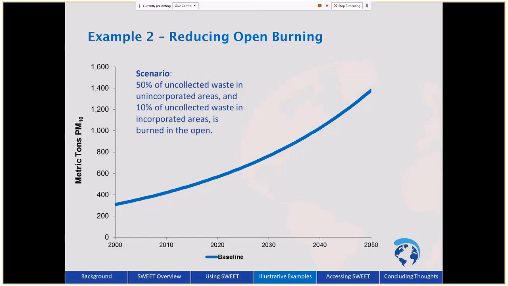That's the baseline scenario, and so you can see that in this case, in the year 2050, we're getting approximately 1,400 metric tons of PM10 emissions for that year. And I should point out that in this case, we're looking at PM10 emissions, not CO2 equivalent.